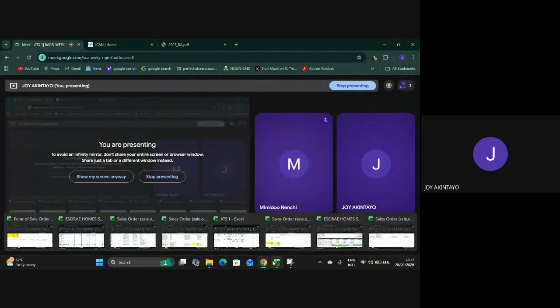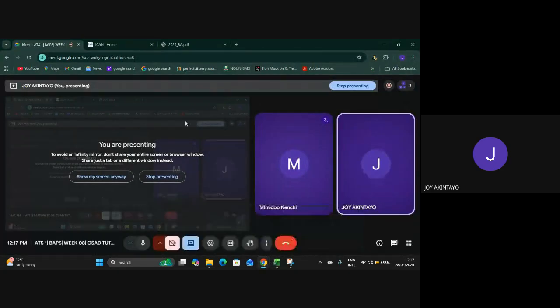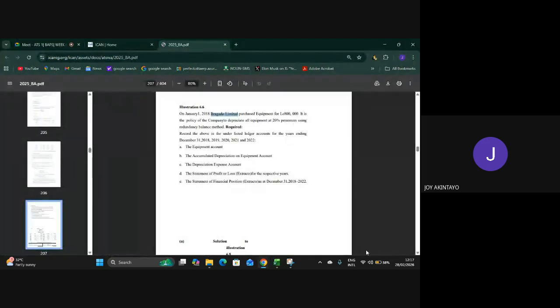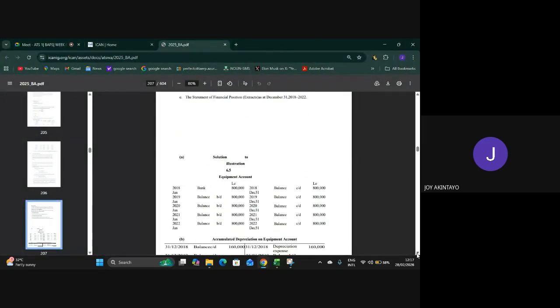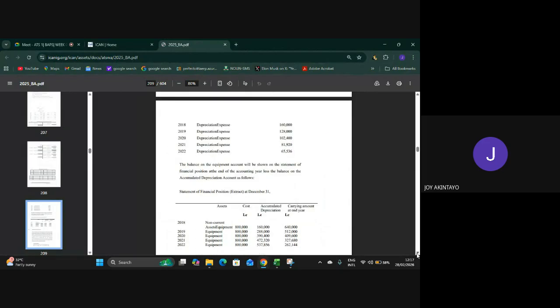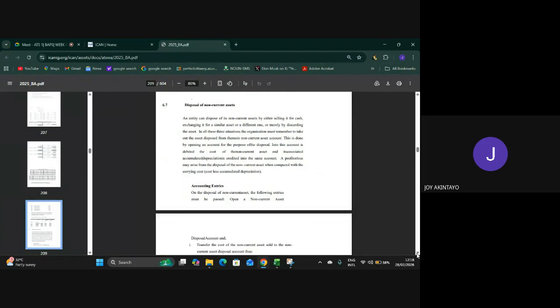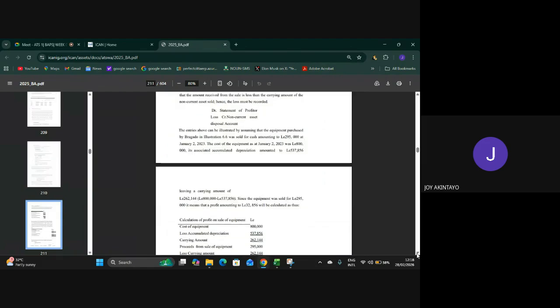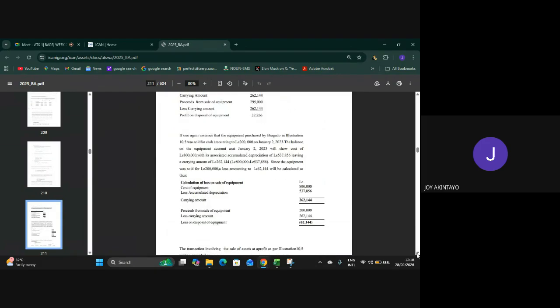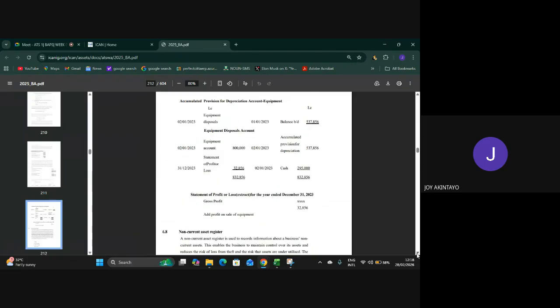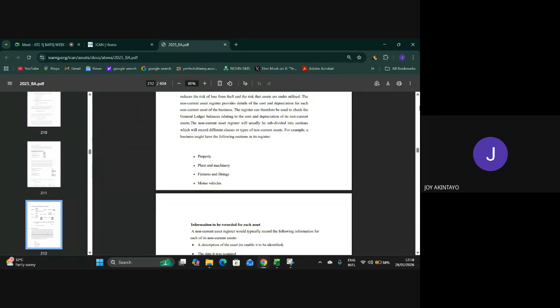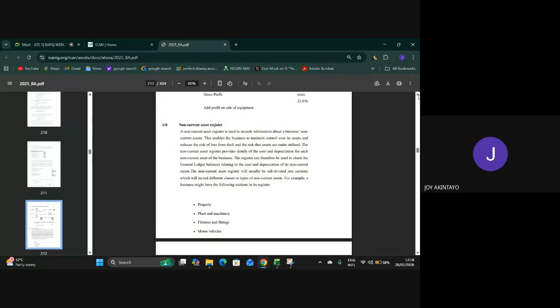So we'll move to the next thing without wasting much of our time. I want us to achieve a lot. We've talked about disposal of our assets. Now let's quickly explain the non-current assets register.